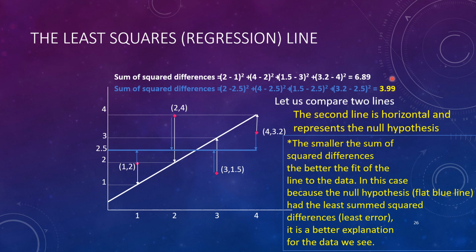Now what we notice here, the value of 3.99, the SEE, or the standard error of the estimate, is less than the model SEE, or standard error of the estimate. And so we know that less error is better, or a better fitting model, or a better explanatory model than what we have here.